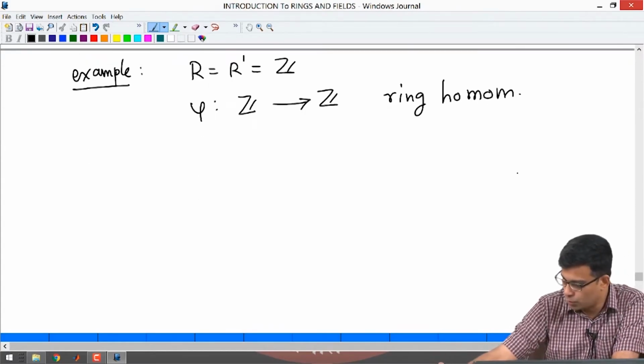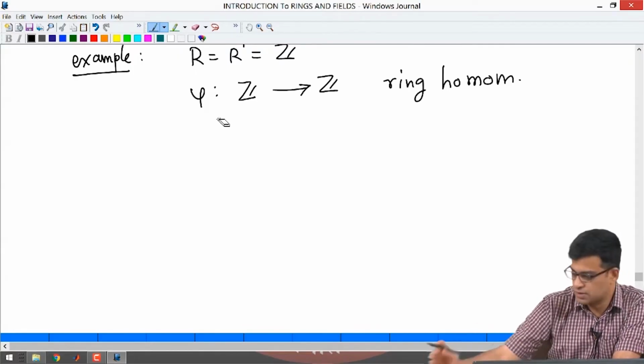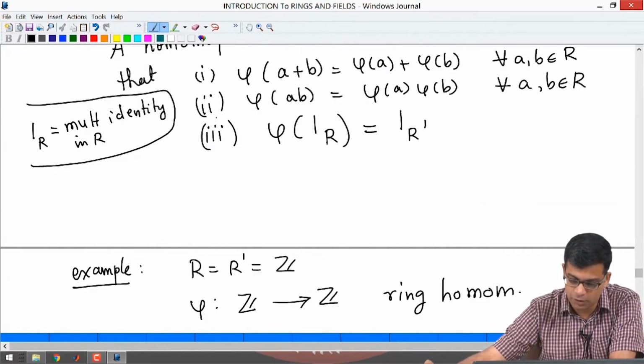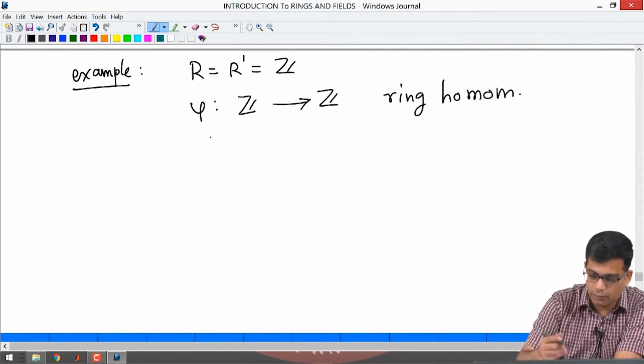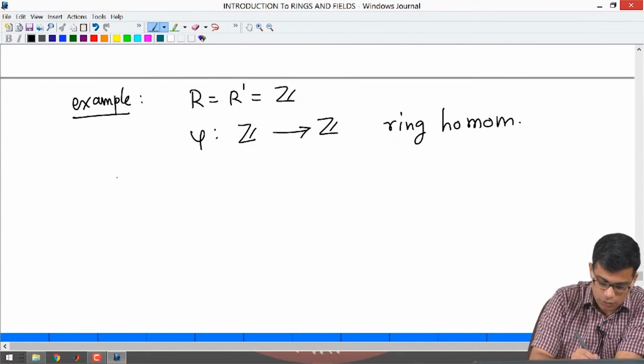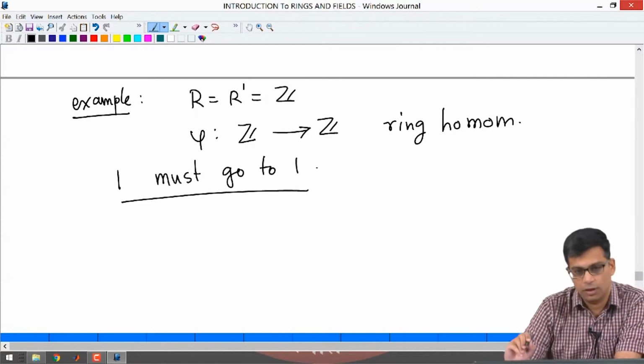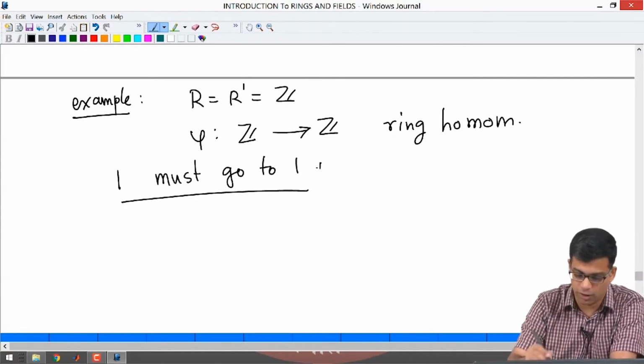Let us try to build up a ring homomorphism from Z to Z using the three properties. We are already told that 1 must go to 1. So, there is no choice. The integer 1 must go to integer 1 under phi.